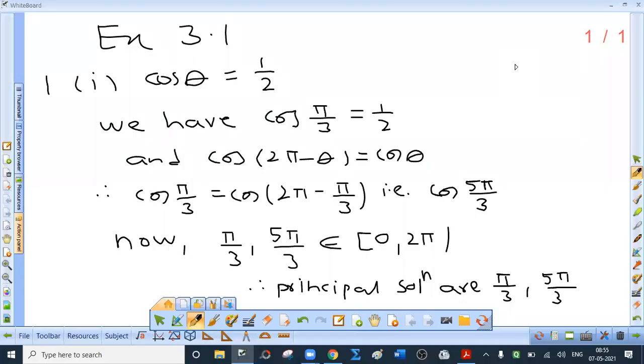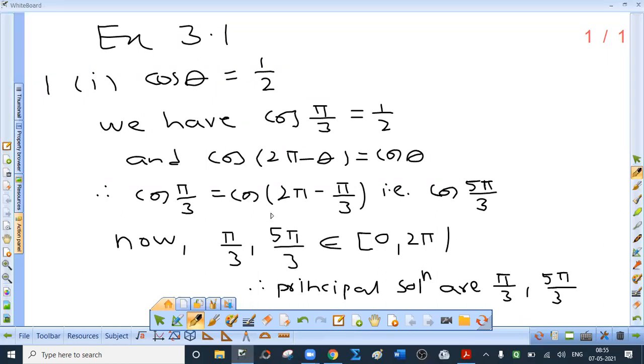Exercise 3.1, question 1, find the principal solution of the following equations. Number 1, cos theta is half. See, this will be asked for 2 marks. Presentation is important. You have to find the smallest angle for which cos theta is half, that is pi by 3. You have to express the angle in radians. So cos pi by 3 is half. Now cos of 2 pi minus theta is cos theta.